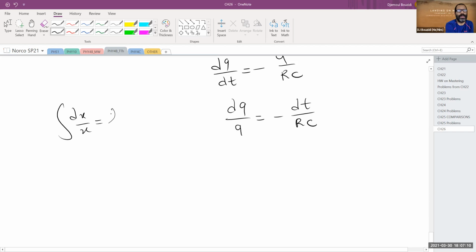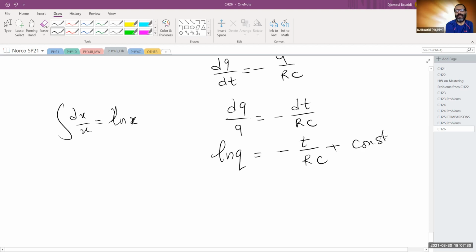No, this is 1 over x. Anybody else, please? It's ln of x. That's what Byron is saying. Does this make sense? It's a natural log, no? Yes. Okay. And this is just the integral of dt, which is just going to be t in this case, plus a constant. We always have a constant in here, okay?